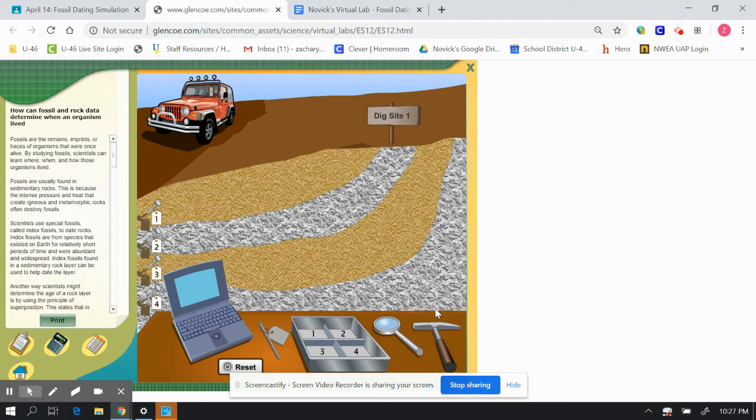After you have found all of your fossils, you pick up your hammer and drop it there, and there, and there, and there. Then one at a time, you pick up these rocks and bring them to our friend the scientist, putting it right in her windshield.